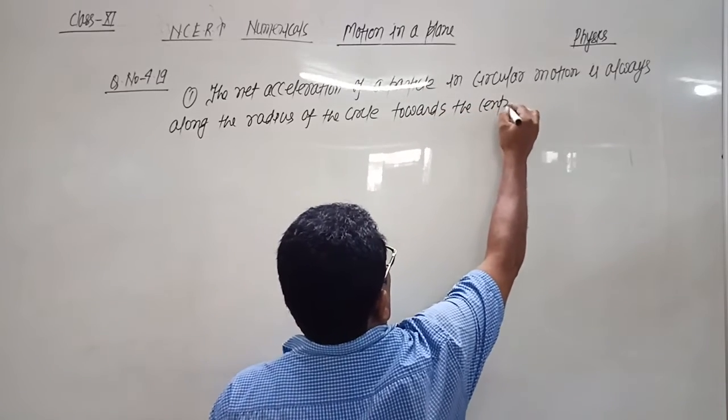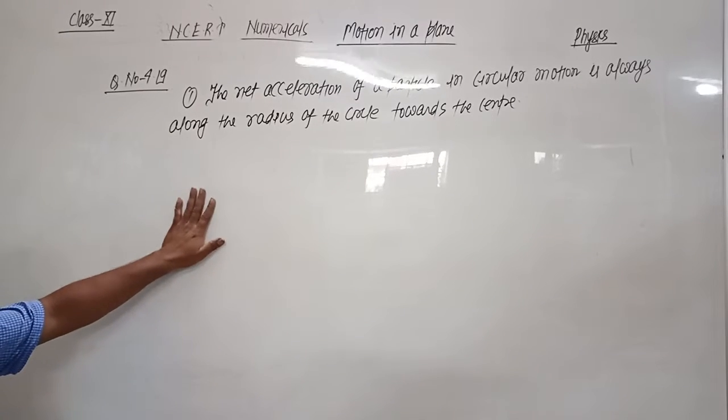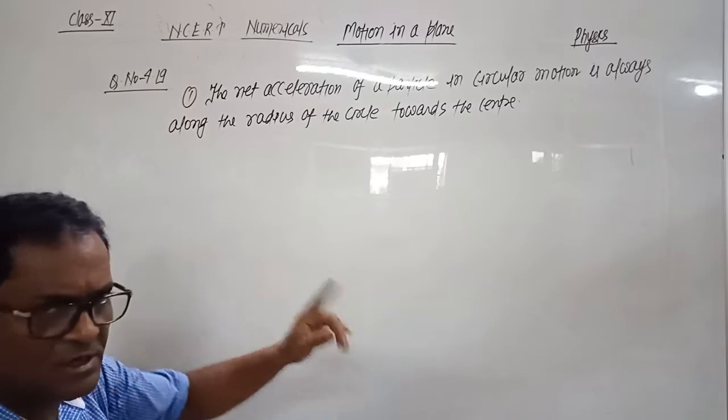This is the statement: the acceleration of a particle in circular motion is always along the radius of the circle, towards the center.